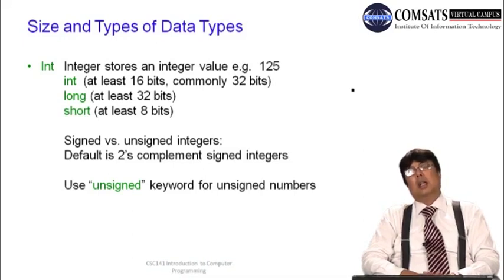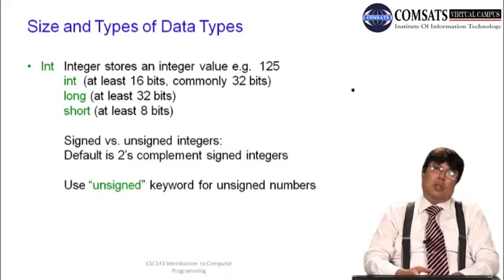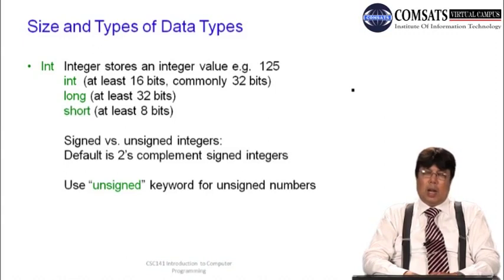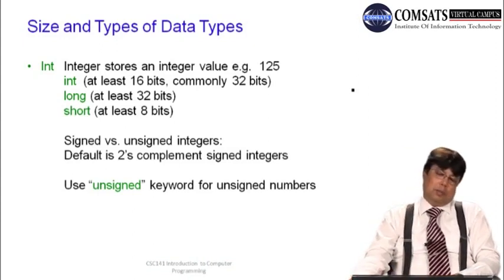The negative numbers are stored in 2's complement. Once again, a concept that should be discussed as a fundamentals of computer concept. I promise to explain it maybe separately in some other lecture.